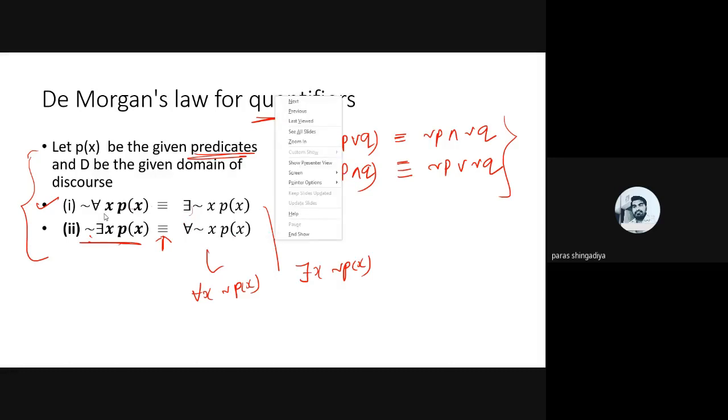So it is the De Morgan law for quantifier theory. And this is the De Morgan law for logic theory, which we can check by using a truth table, but here by using the predicate and quantifier rules we can prove this.